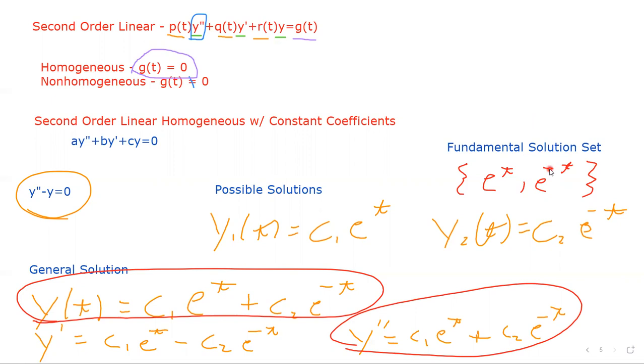Okay. So let's look at how we're going to do this in a more general sense. Let's go back to our general equation of a y double prime plus b y prime plus c y equals 0. From here, we know that a possible solution is y equals e to the rt.